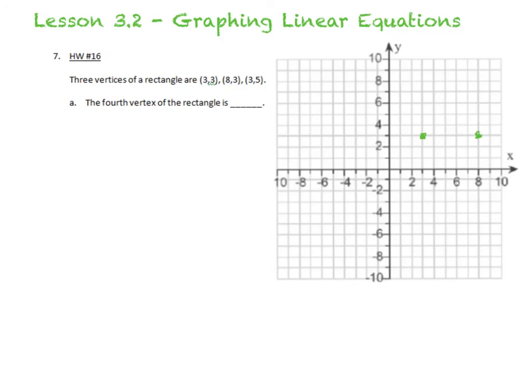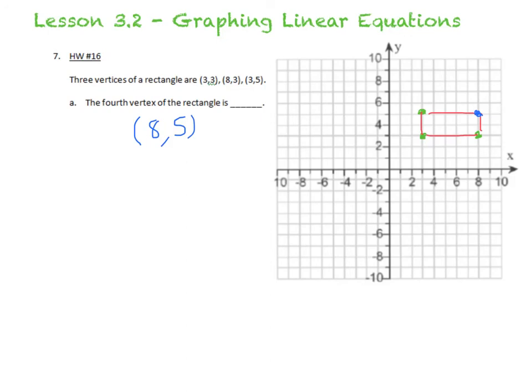And finally (3, 5), over 3 up 5, is there. We're making a rectangle, so we'll connect the lines. Our missing point should be right here. So our answer would be (8, 5).